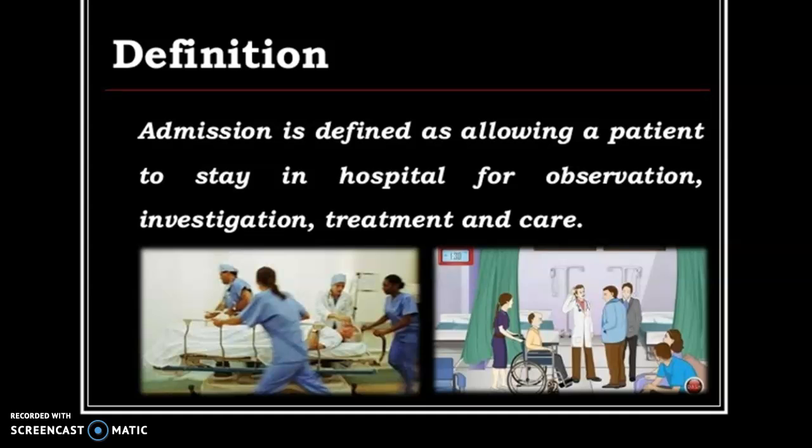Observation means we need to make the patient stay inside the hospital so that we can analyze, go on assessing and find out what changes are taking place, or what signs and symptoms are present in the patient, so that we can identify what the patient is actually affected from.